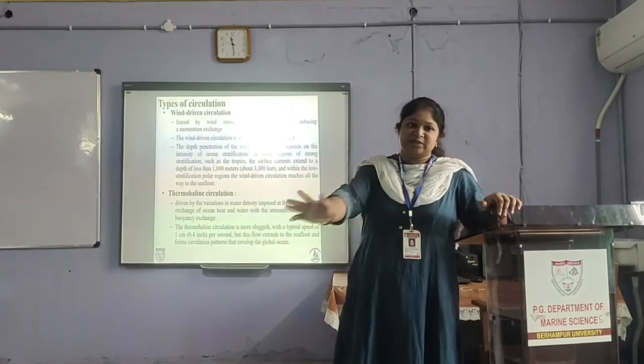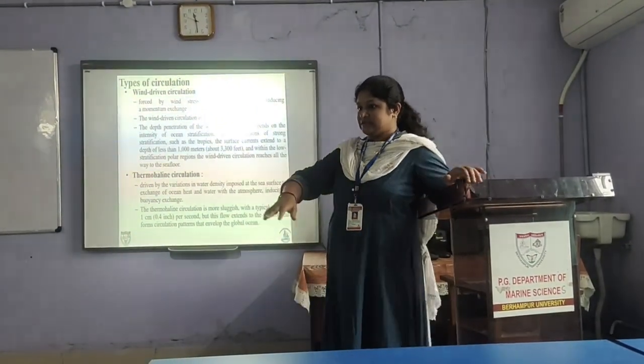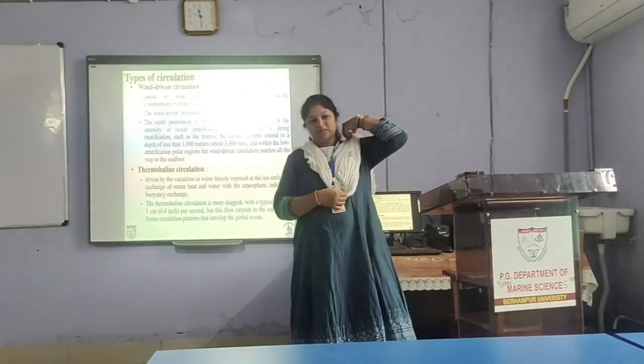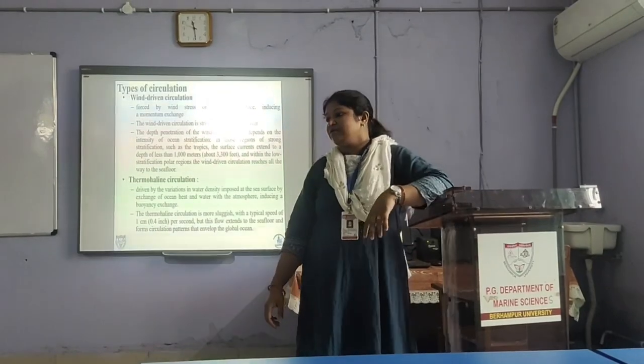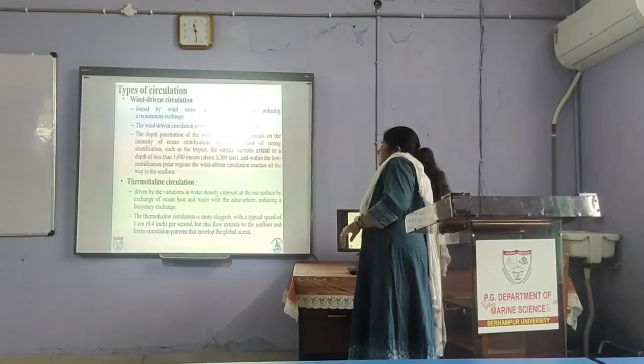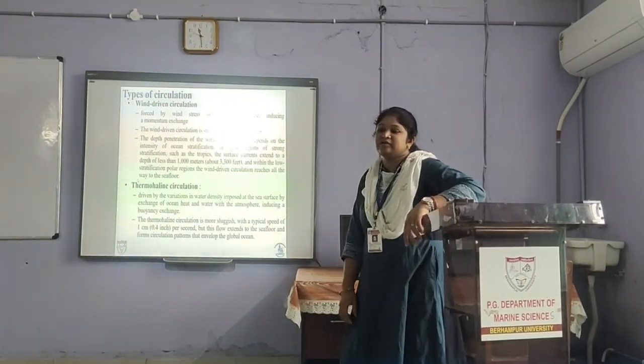The wind-driven circulation is basically surface circulation, seen on the surface, but thermohaline circulation is in the deep, up to the deep part of the ocean. This is separate. Why does thermohaline circulation happen?